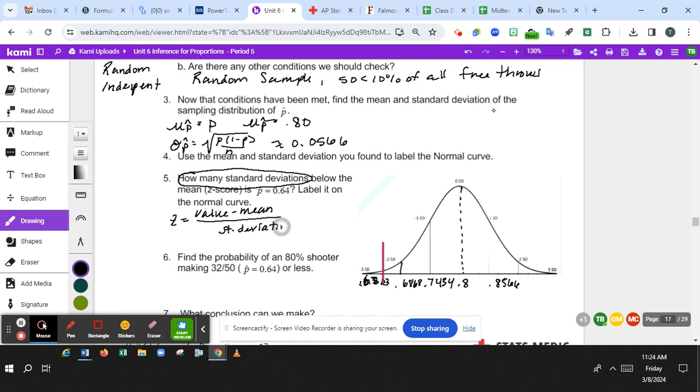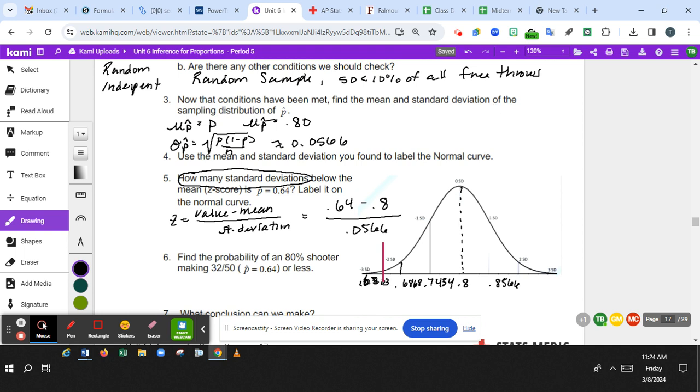Because you know that formula so well, if I switch it for a hypothesis test, the value becomes the statistic, the mean becomes the parameter, and the standard deviation becomes the standard deviation of the sampling distribution, or the standard error. But what's our value? Our value is 0.64. What's our mean? 0.8 from up here. And what's our standard deviation? 0.0566 from question number 3.